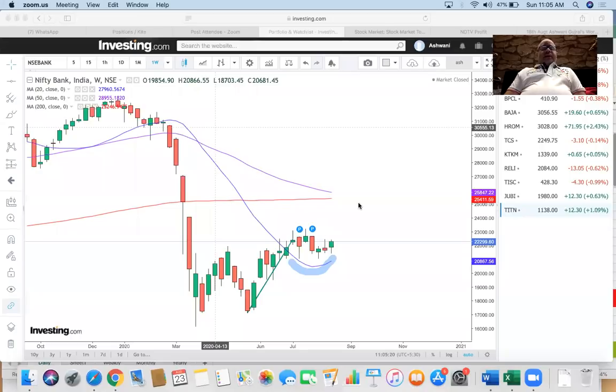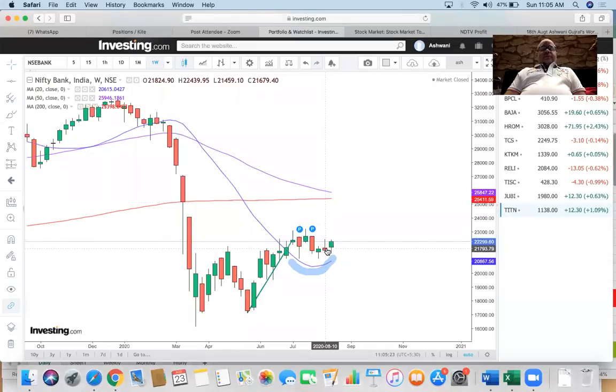Now the high of the previous week, which means the week before the previous one, was 22,439. The high of this week was about 22,400. So this 22,400 to about 440 becomes the highs of the current couple of weeks.